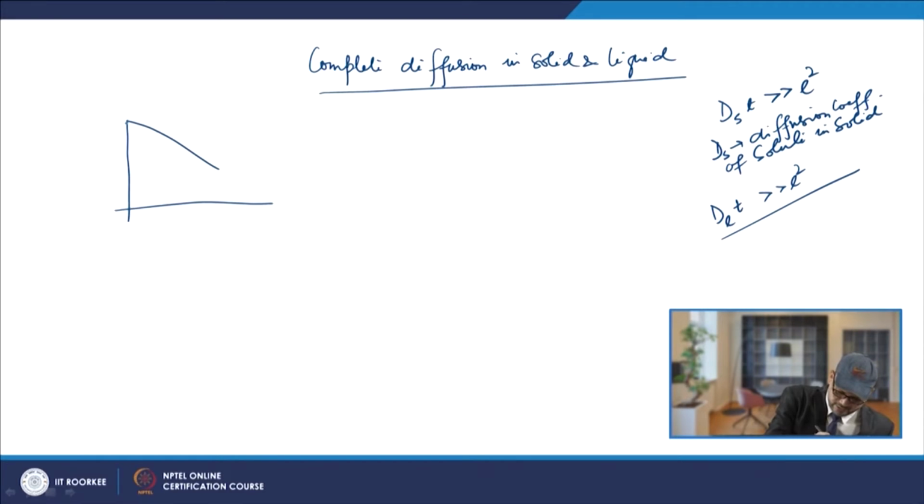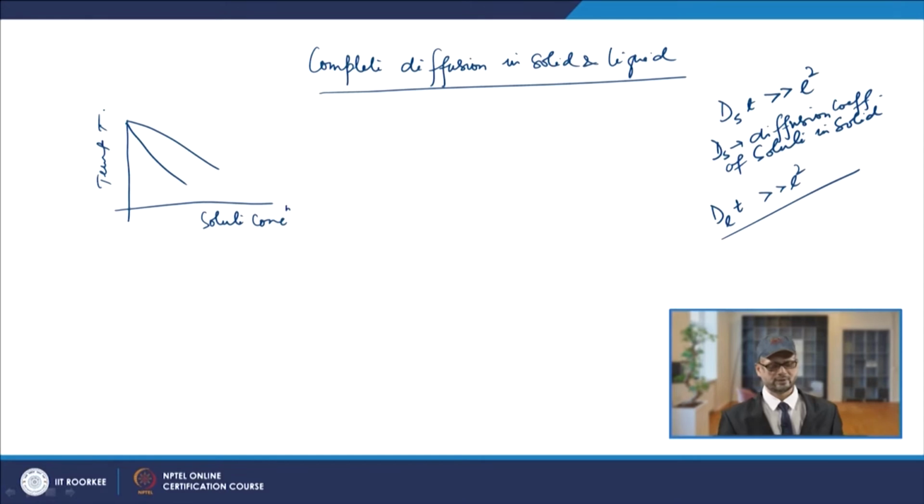Suppose, as you have seen, on the x axis you have solute concentration, and this way you have the temperature.